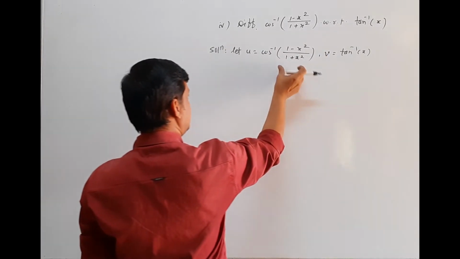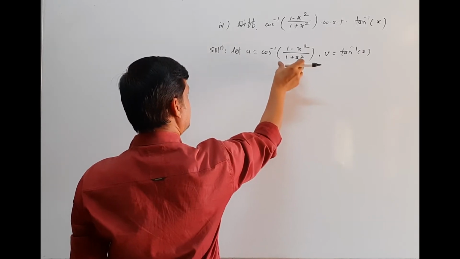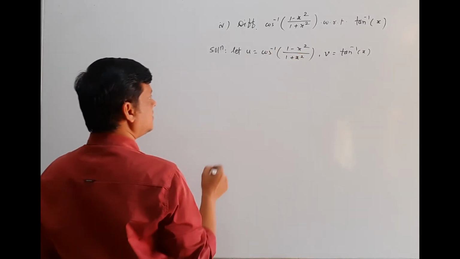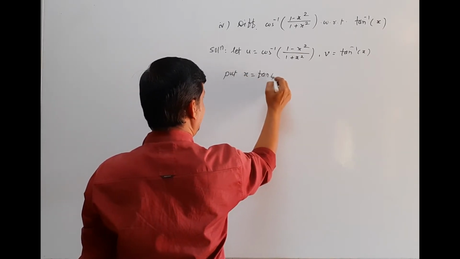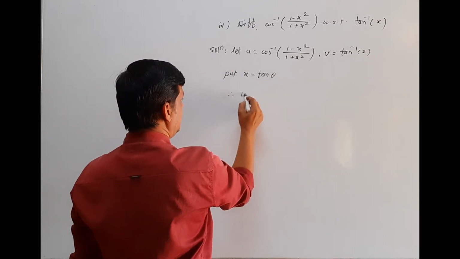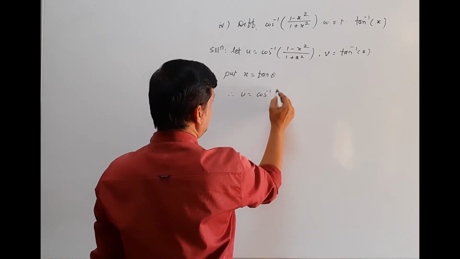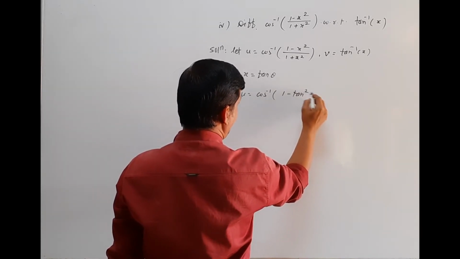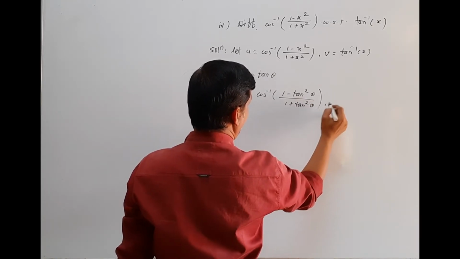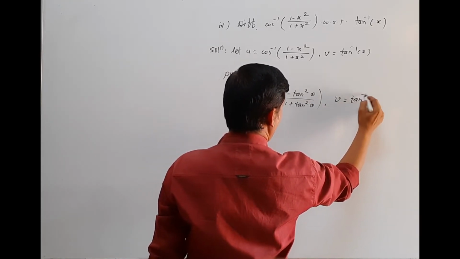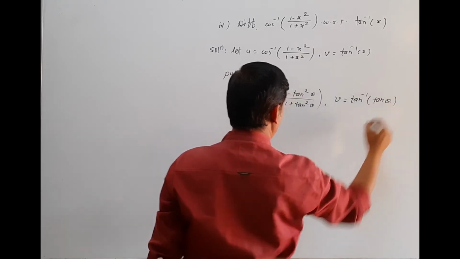So first we simplify this bracket so as to convert that bracket in terms of cos. So put x is equal to tan theta. So we get u is equal to cos inverse of (1 minus tan square theta upon 1 plus tan square theta), and v is equal to tan inverse of tan theta.